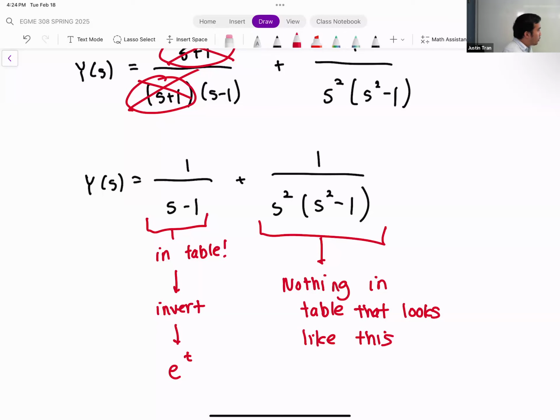There's nothing in the table that has 1 over s squared times s squared minus 1. So we're kind of stuck here.